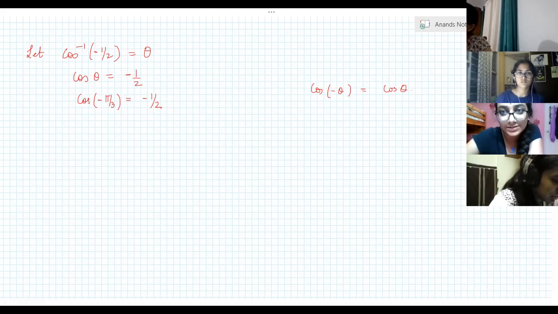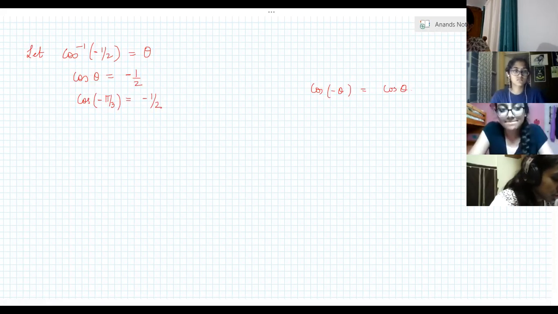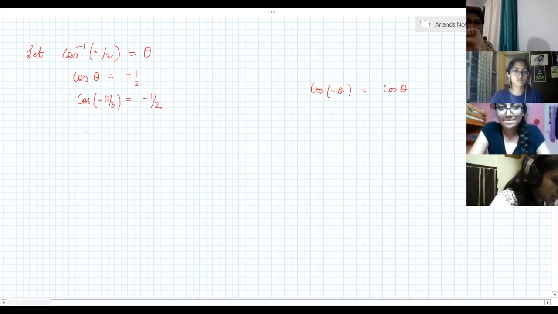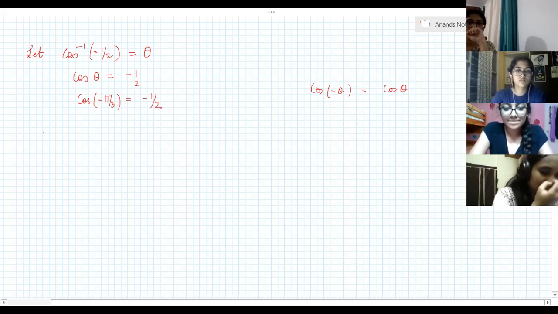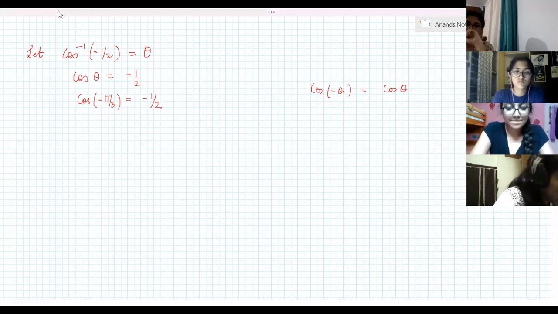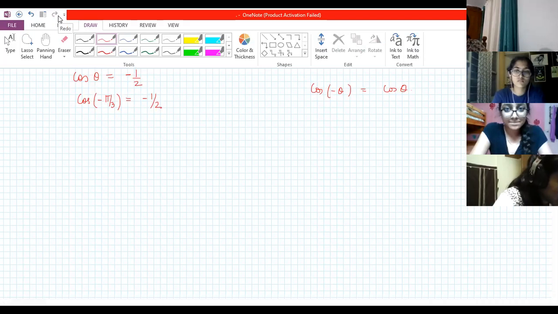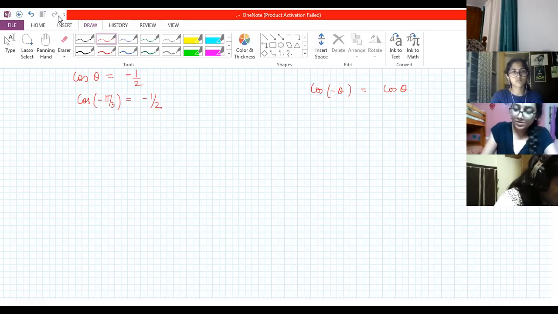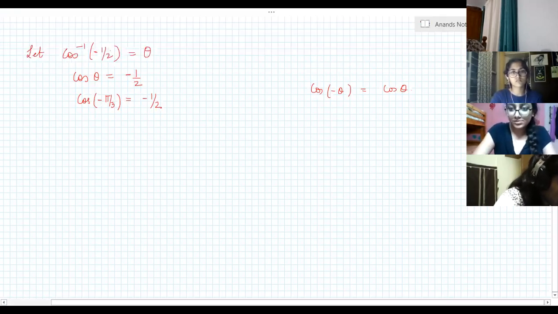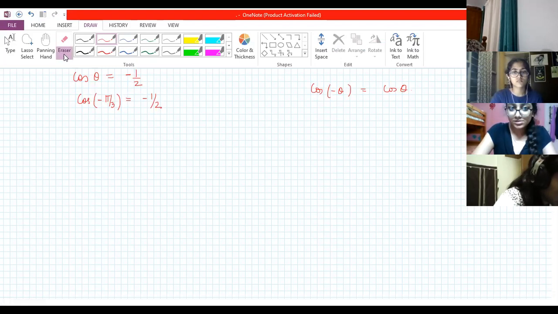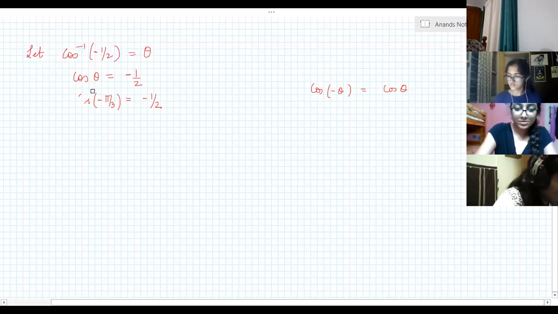Two people have given the wrong answer. Can you just check this and type the correct answer once again? How do we solve this? Doing it for sine will work.